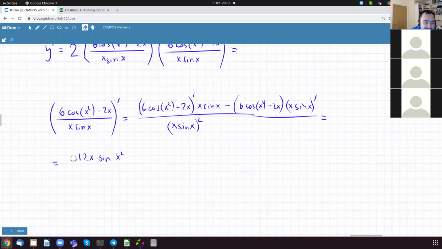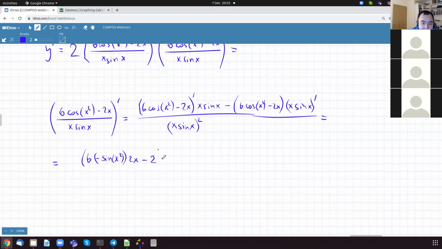Okay, I think I need to explain this better. So you're going to have 6 multiplied by the derivative of the outside function. The outside function is cosine, so the derivative of cosine is minus sine x squared, multiplied by the derivative of the inside function. The inside function is x squared, minus 2x.